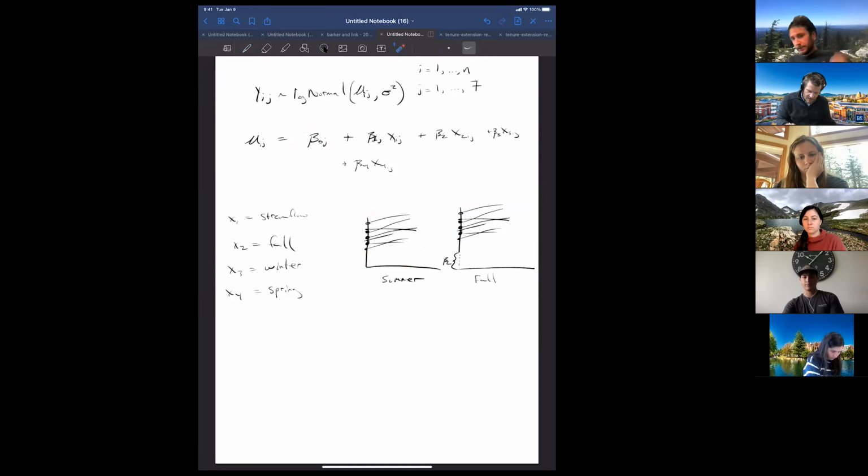But then when we add this component for seasonality, it's going to have an additive effect here that shifts this either up or down depending on if beta 2 is negative or positive. Here I have it as positive. So it's going to take this whole plot and shift it either up or down.